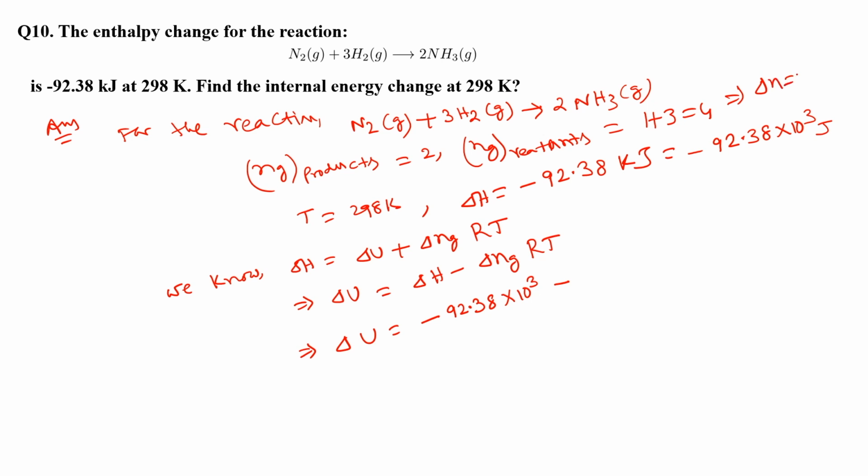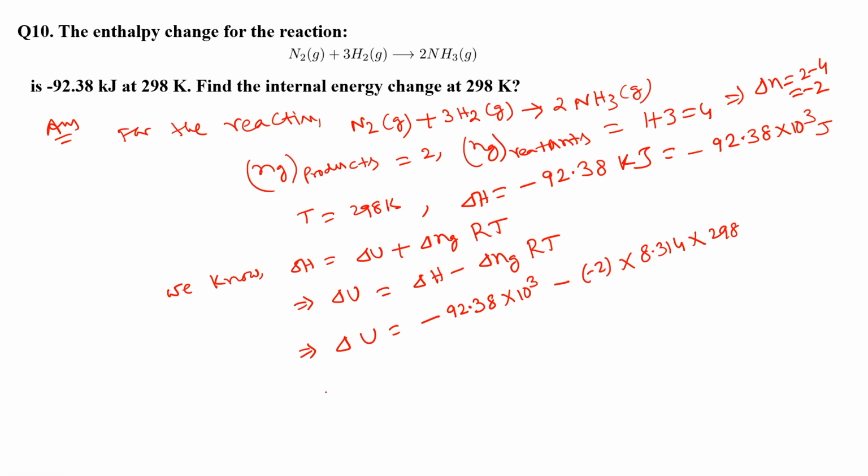Delta Ng is Ng products minus Ng reactants. So, we get 2 minus 4, which gives minus 2. So, this is minus 2 times R, which is 8.314, and T is 298 K. Everything is in joule unit.